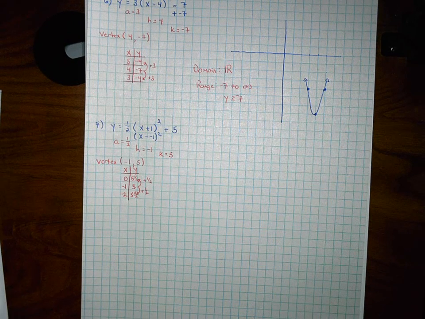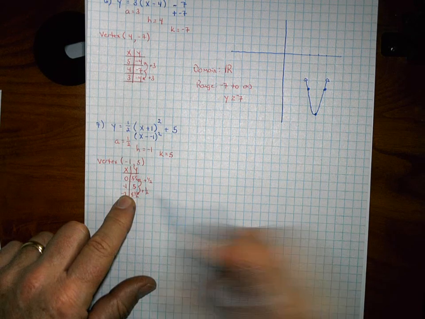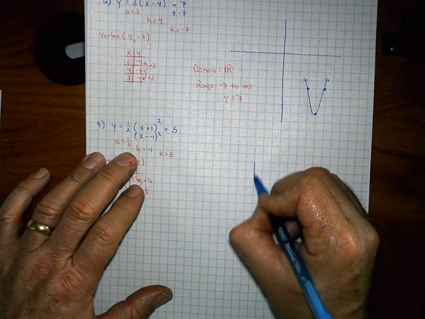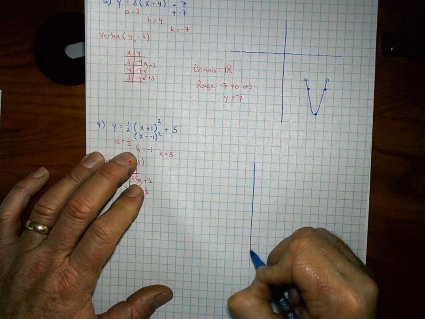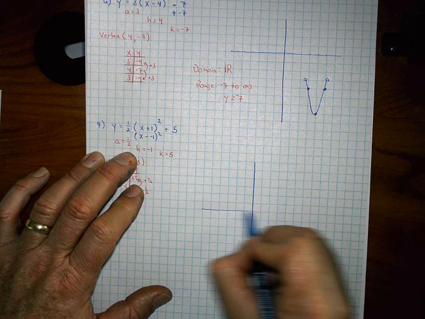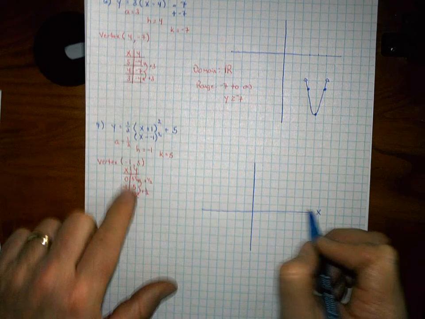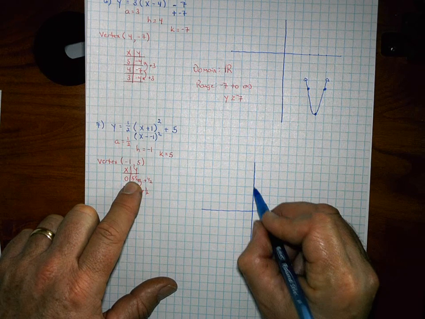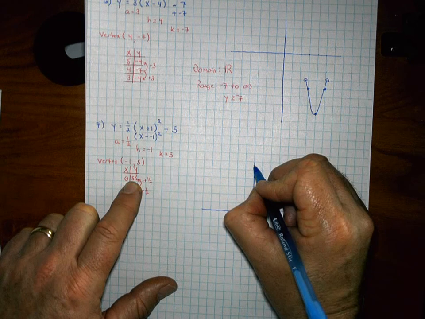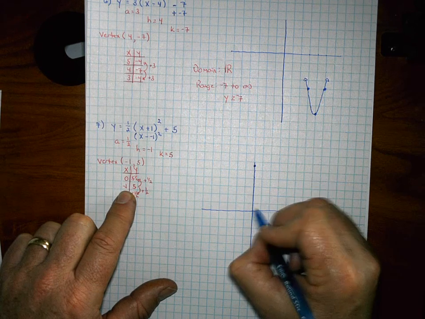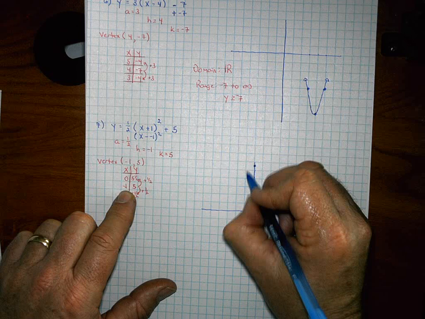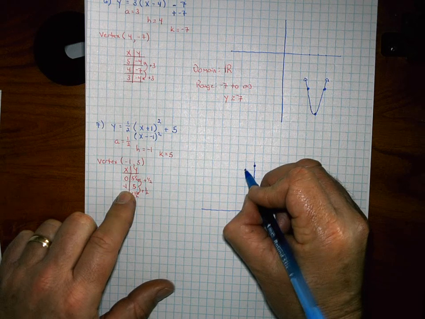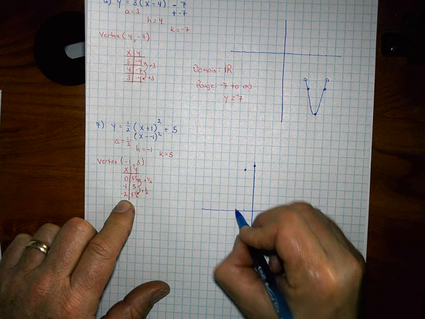I use this table to generate 3 points in order to get an idea of what my parabola is going to look like. Okay, so I plot the points. Over 0, up 5.5 spots. I put a point. Then I go over to negative 1 and I go up 5 spots. Then I go over to negative 2 and I go up 5.5 spots.